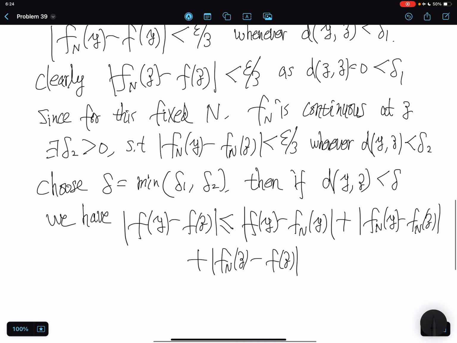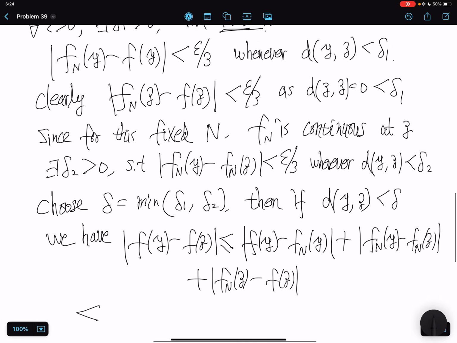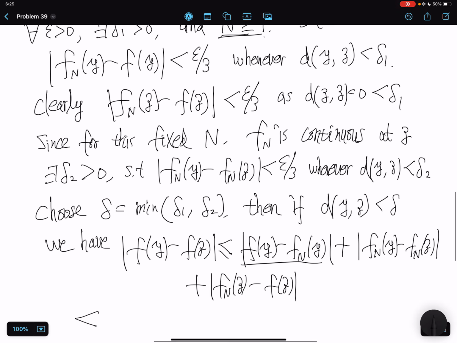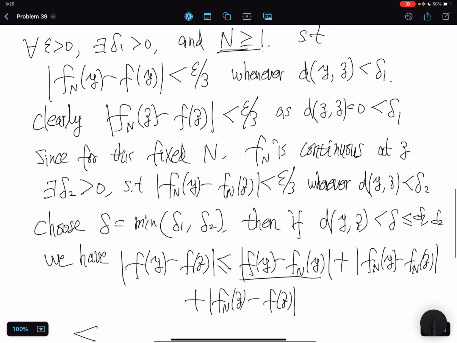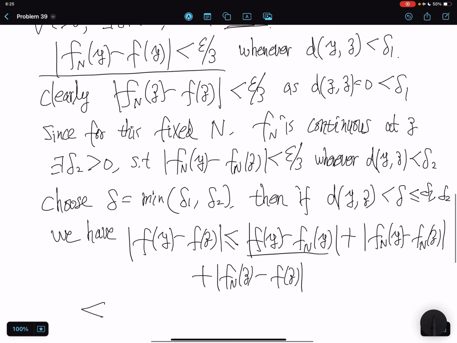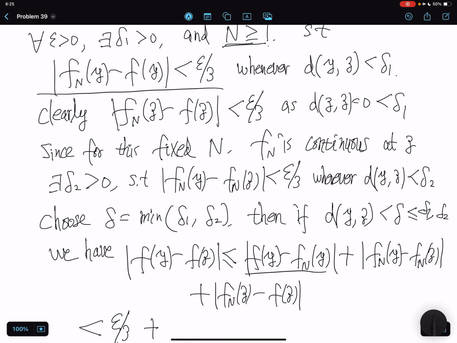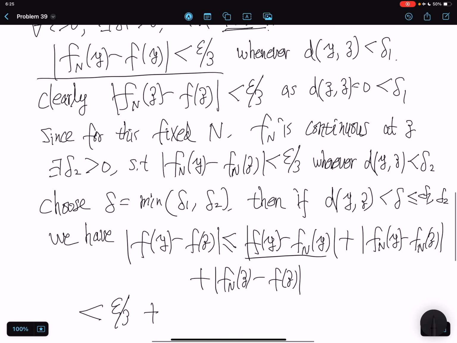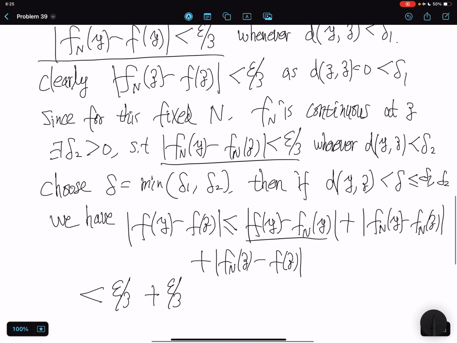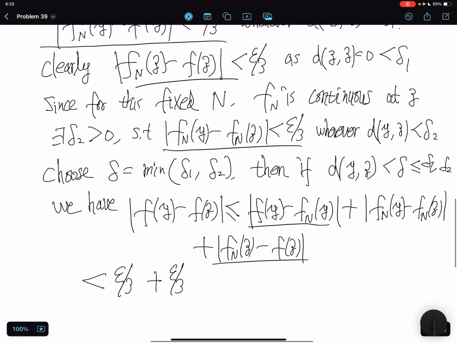Now for each term, because the metric of y and z is less than delta, which is less than or equal to delta 1 and delta 2, the first term is less than epsilon over 3, the second term is less than epsilon over 3, and the third term is epsilon over 3, which sums to epsilon.